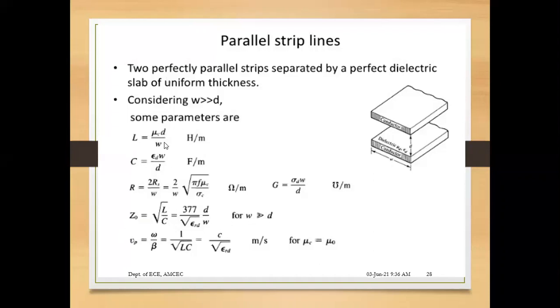Inductance as mu C D by W. Capacitance as epsilon D W by D. Similarly, resistance is 2 times Rs by W, or 2 by W square root of pi F mu C by sigma C. Conductance G is equal to sigma D W by D, where your Rs is the surface resistance, which is ohms per square. Sigma C is conductivity, whereas sigma D is the dielectric substrate conductivity.